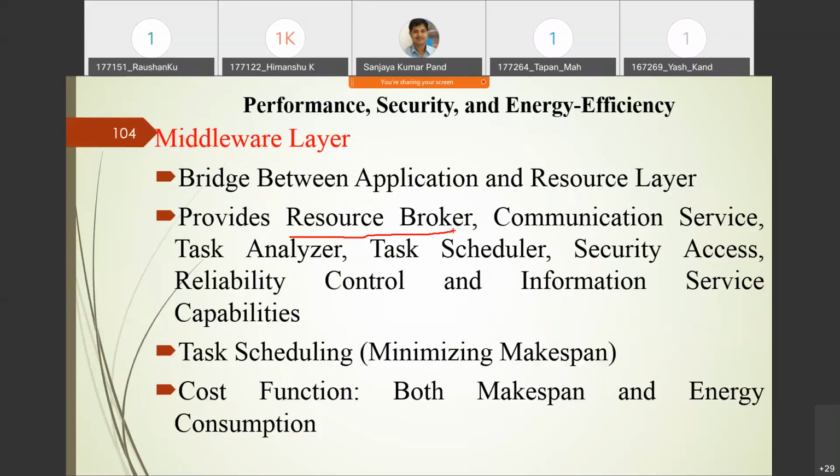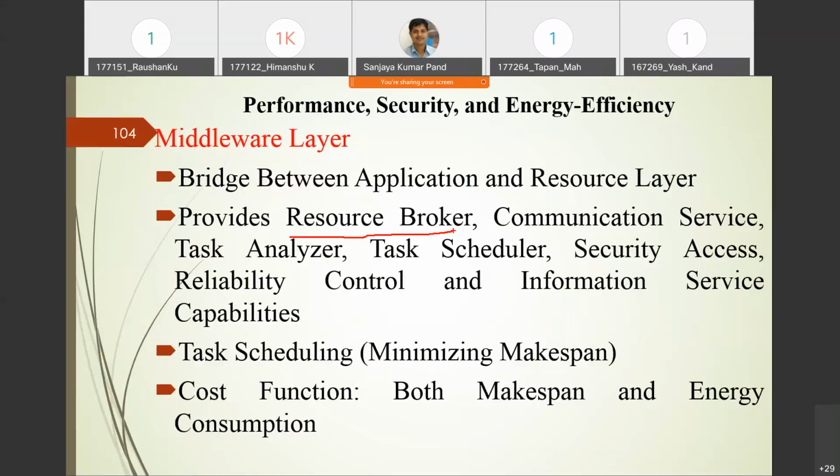Apart from that, communication service, task analyzer, task scheduler, security access, reliability control, and information service capability are the responsibility of the middleware layer. Once you assign a particular application to a particular resource, you have to monitor whether it is executing smoothly, whether the resource is active, and whether it is going to complete the task in a particular time.